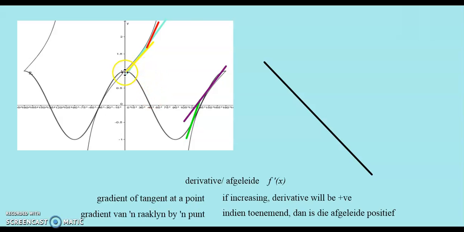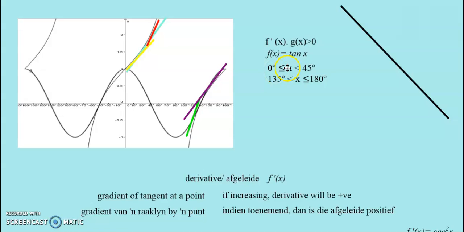It will include 0 but it won't include 45 because here it is 0. So from 0 to 45, in that area it will be positive, but 45 is 0, so 0 is not positive nor negative.